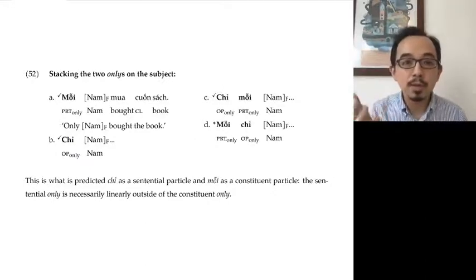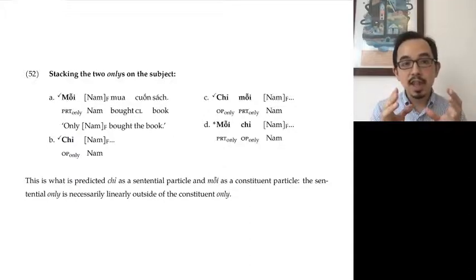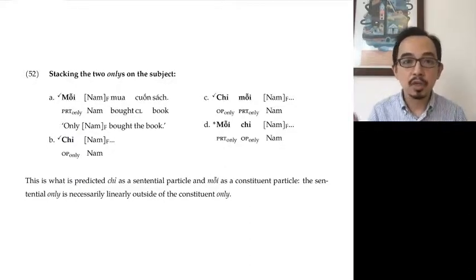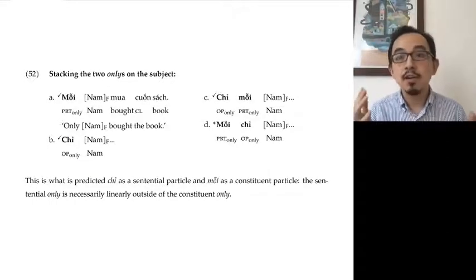And that comes from the behavior, for example, in subject position. In a subject-only example, like 'only Nam bought the book,' here again there are multiple ways of saying this. You can say mới Nam bought the book, chỉ Nam bought the book, or chỉ mới Nam bought the book. Again, it means the same thing. Mới chỉ Nam is ungrammatical. Mới chỉ Nam bought the book is just rejected. And why would this be?